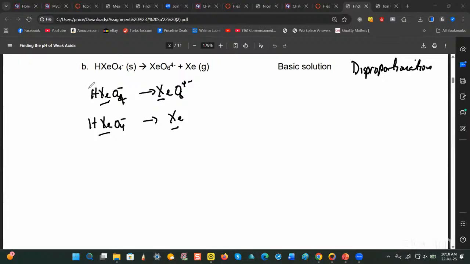In other words, all other atoms apart from oxygen and hydrogen. My accent is different, so that's why you probably hear something different. So in this case, that would be xenon, right? And as it is, xenon is already balanced.